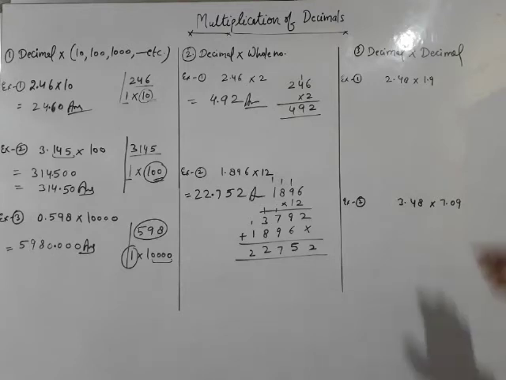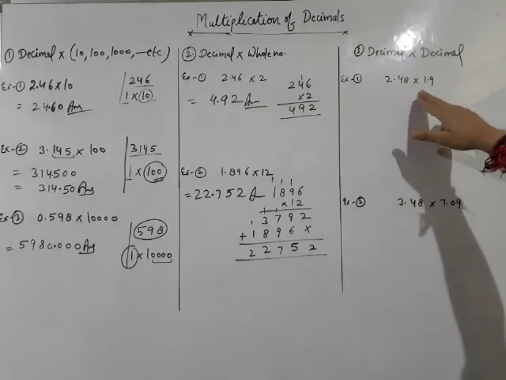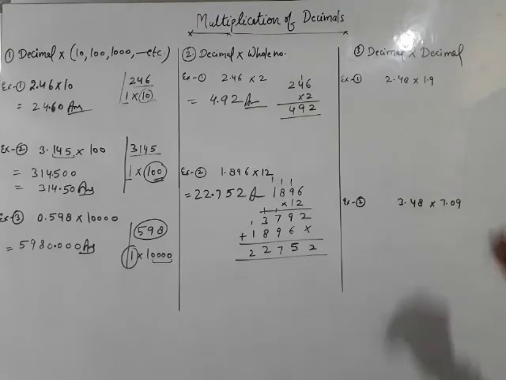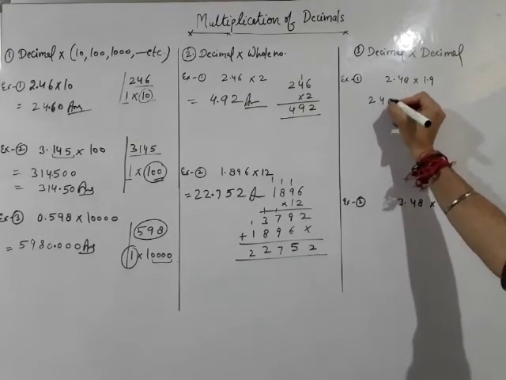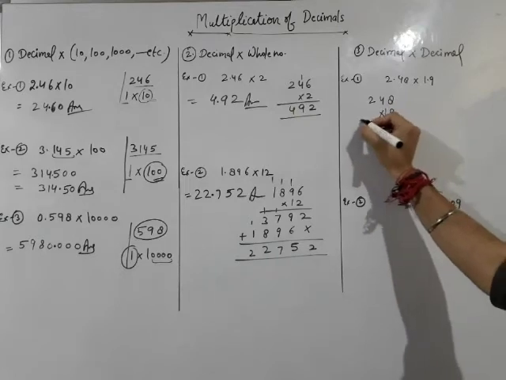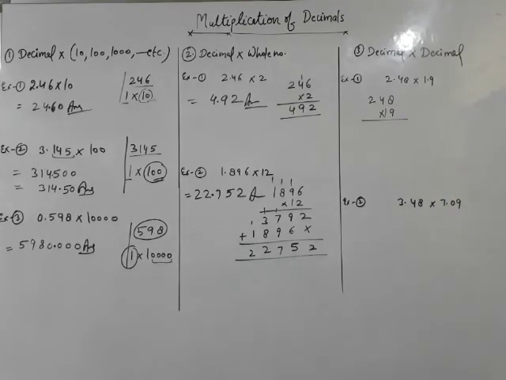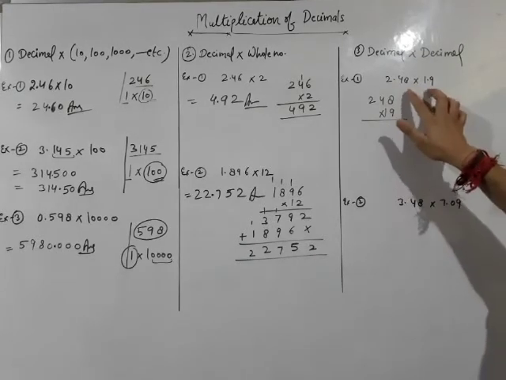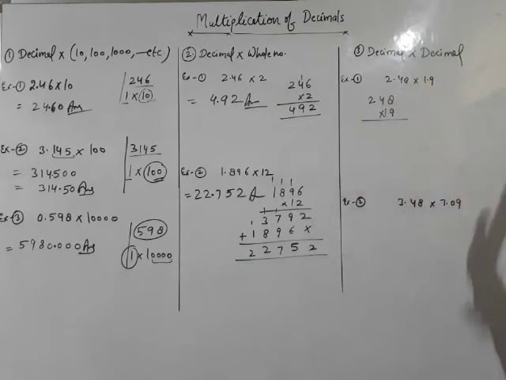In this part, we have to multiply 2.48 into 1.9. What will we do? We will multiply simply 248 by 19. We have removed both the decimals, the decimal point here and the decimal point here. We will apply the concept of decimal points later.